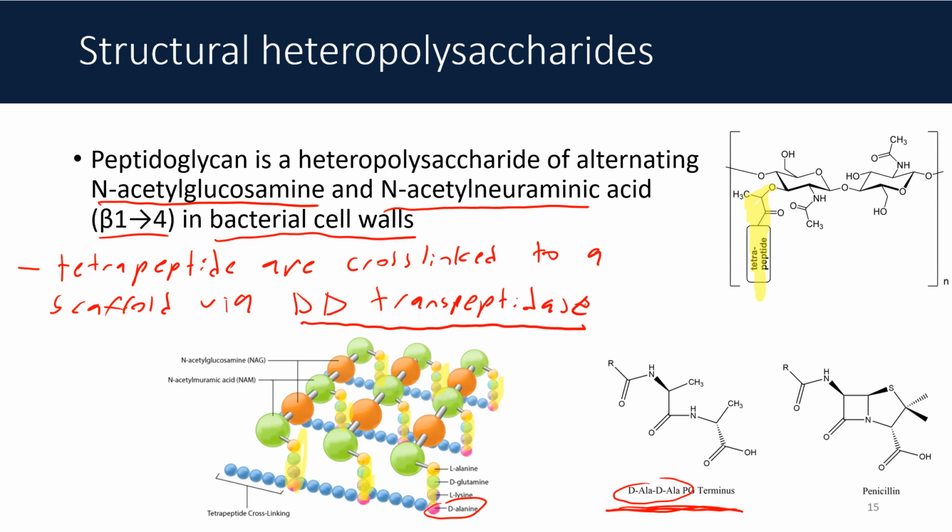And check this out. The molecular structure of penicillin sort of approximates the desired substrate. Penicillin is actually a suicide inhibitor for DD transpeptidase, an enzyme only expressed in bacteria.